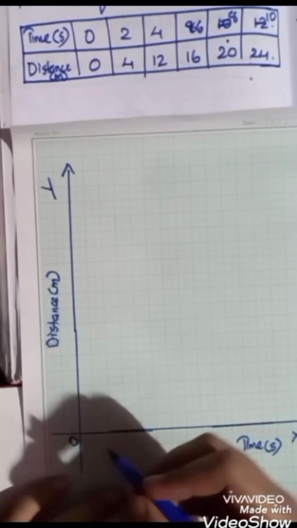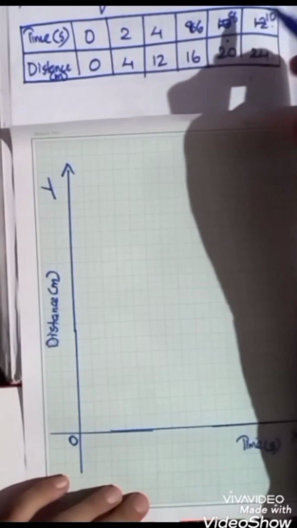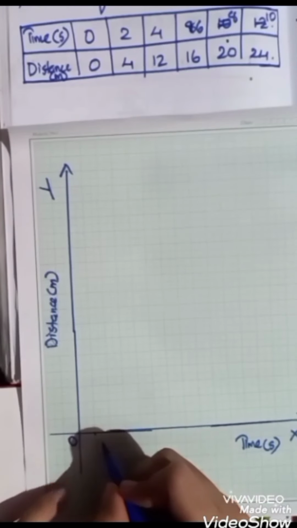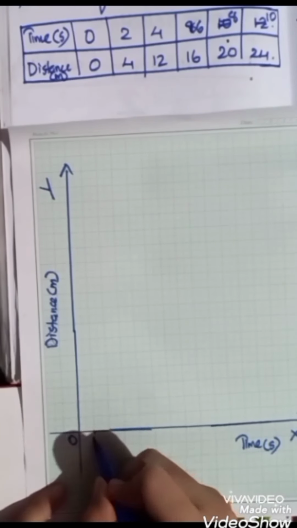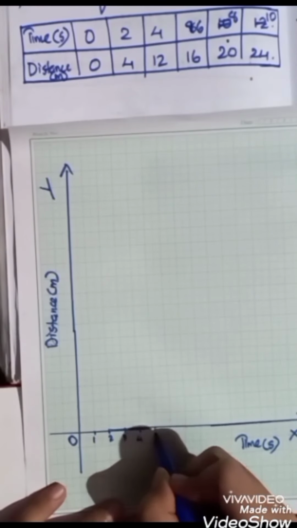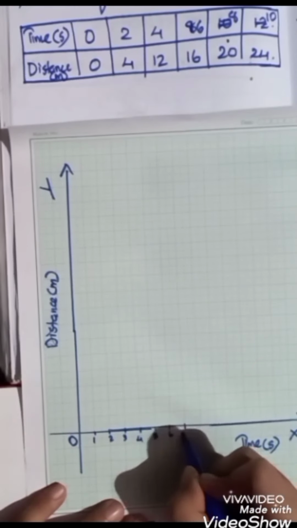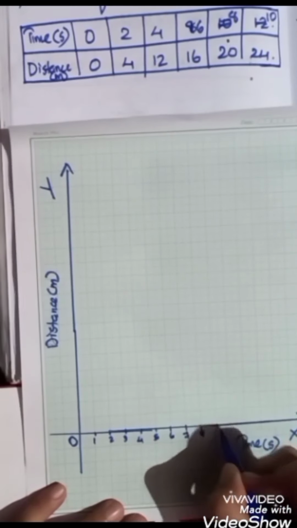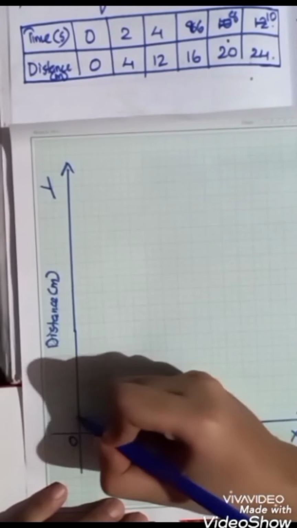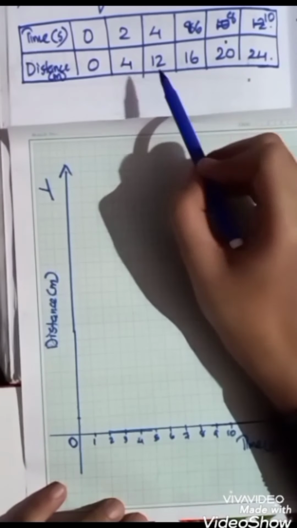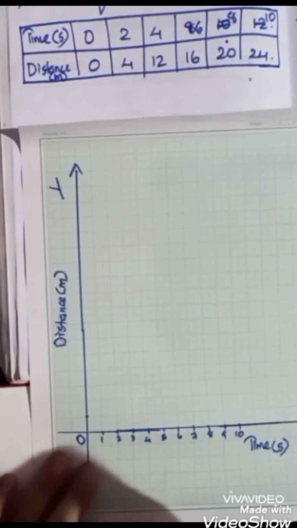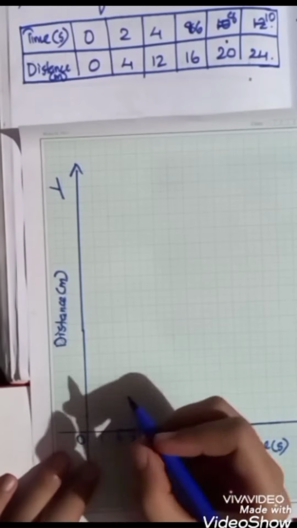The time in seconds is 0, 2, 4, 6, 8, 10. Here the distance values are 0, 4, 12, 16, 20, 24. Here we can take the multiples of 2.